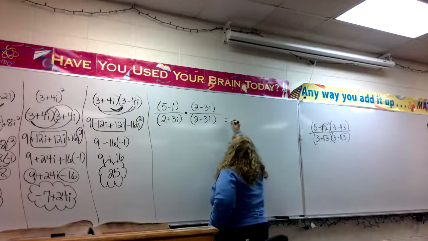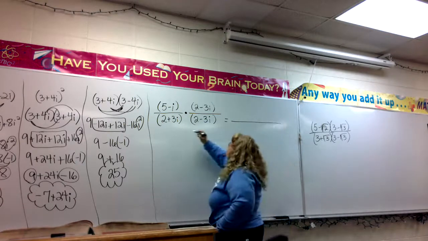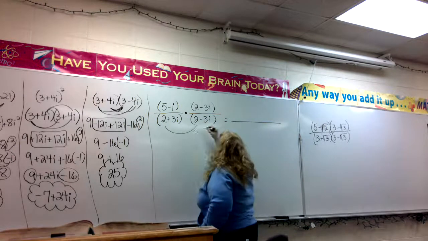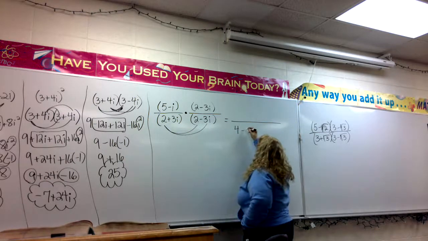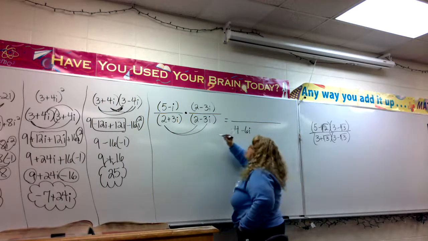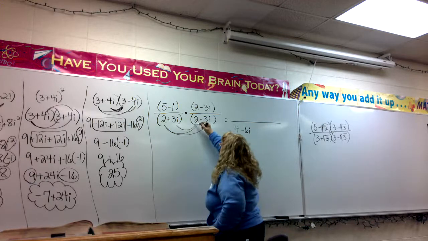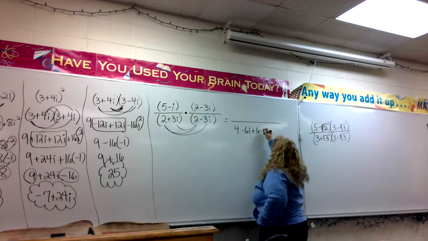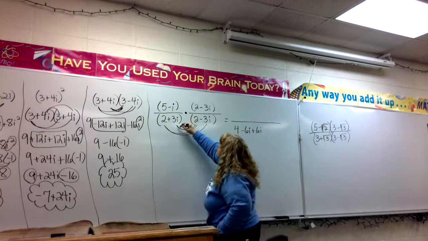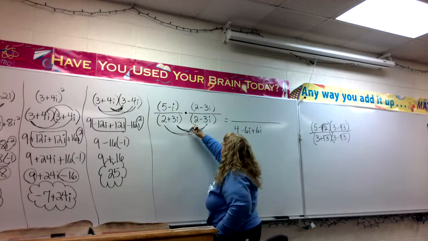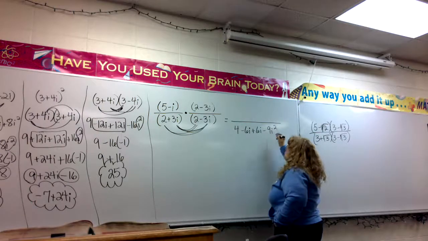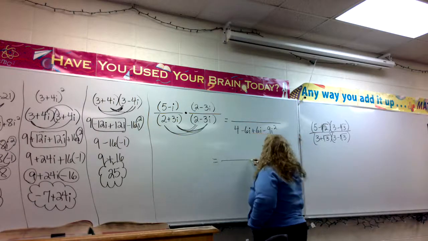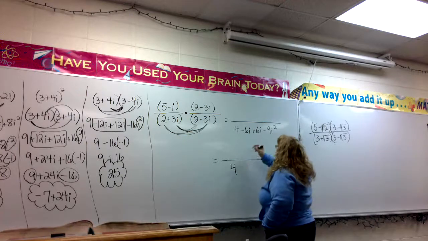What do you get on bottom? 4. Minus 6i. And then move over, plus 6i. And 3i times negative 3i squared. What is that? 4.